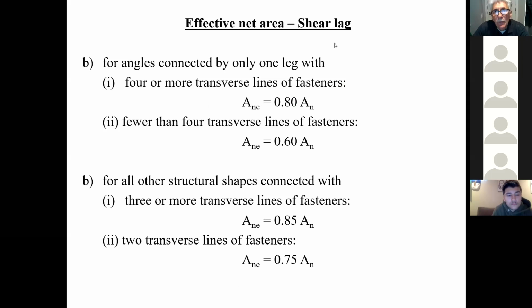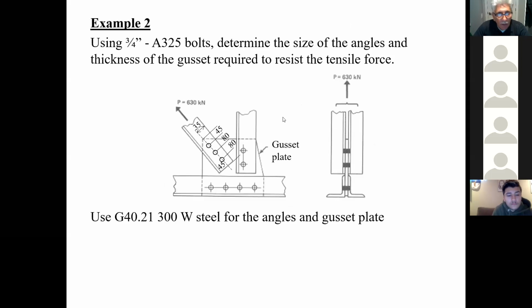Now, let's go on. If we go back to our problem here, you notice what I did, you remember what we did previously, where I said if you look at the end distance here, you could have gone to table 6 and so on, but I don't bother with that.